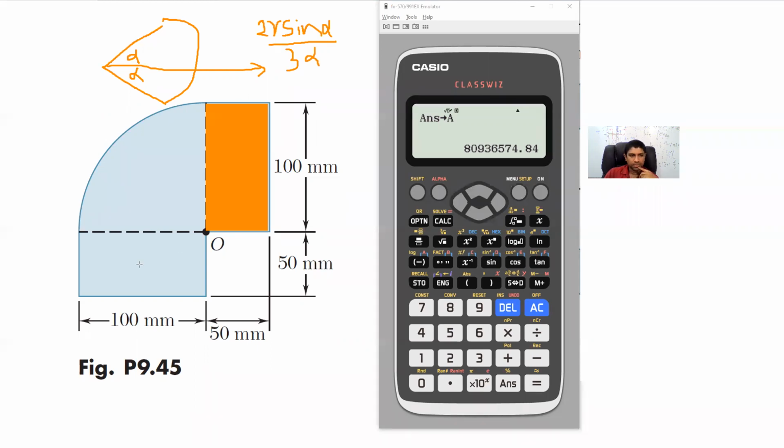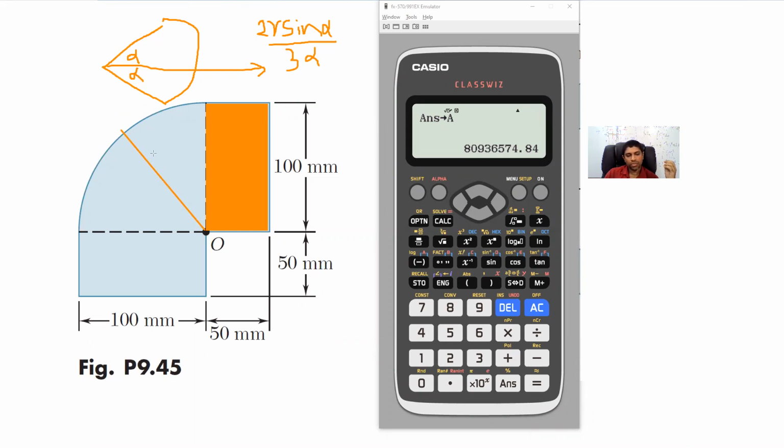When it is a quarter circle, alpha is pi by 4. Then we have to use 2r sine pi by 4, and sine pi by 4 is 1 over root 2, over 3 pi by 4. It is the direct distance.